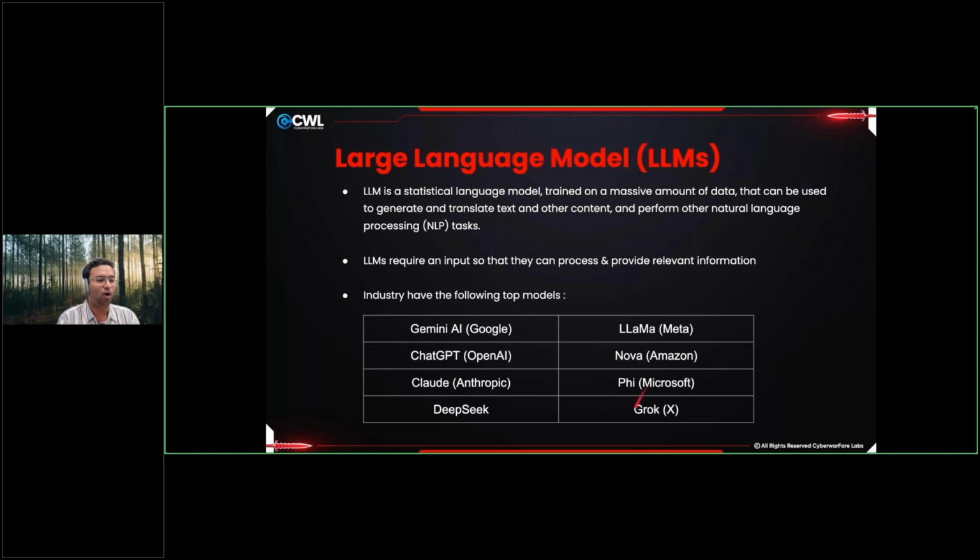Now, Grok is also an interesting model from the X platform, and it offers unfiltered, blunt answers, which promotes free speech, etc. So these are all the top models that you will find as of now.